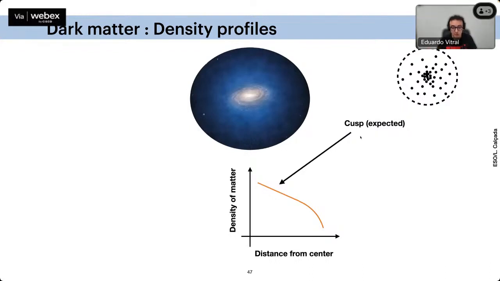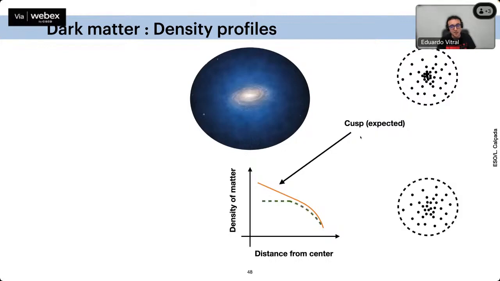So what the astronomers did after that was try to check if that was actually happening in our neighborhood, in the galaxies around the Milky Way, for example. And they realized, while measuring their velocities and trying to measure this dark matter density profile, that dark matter did not seem to pile up that much.